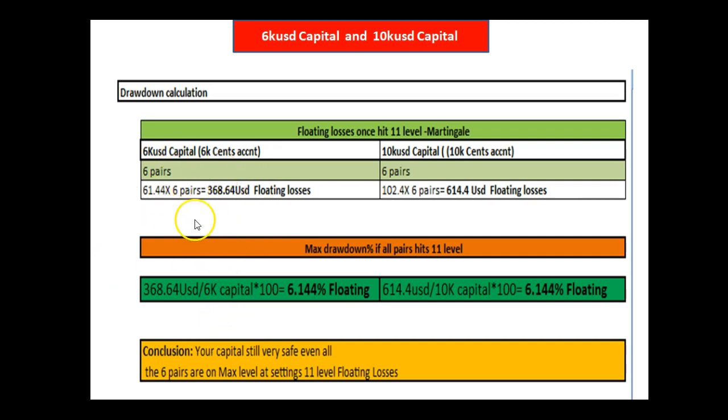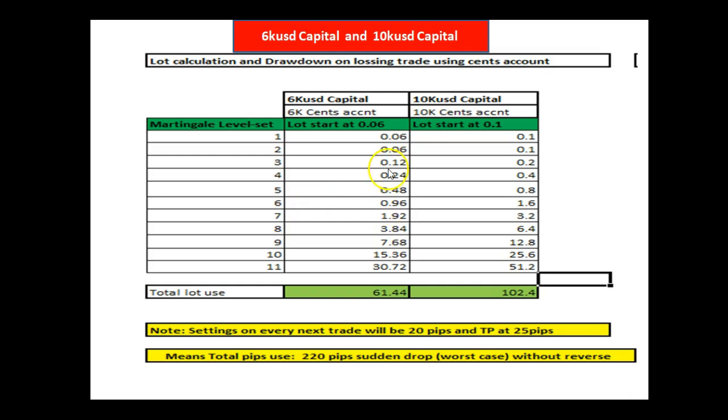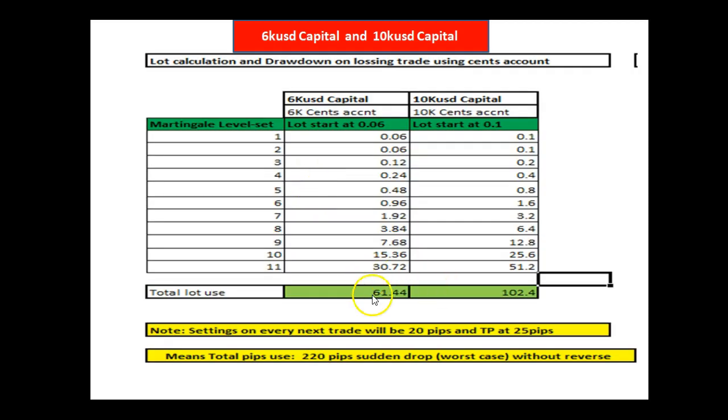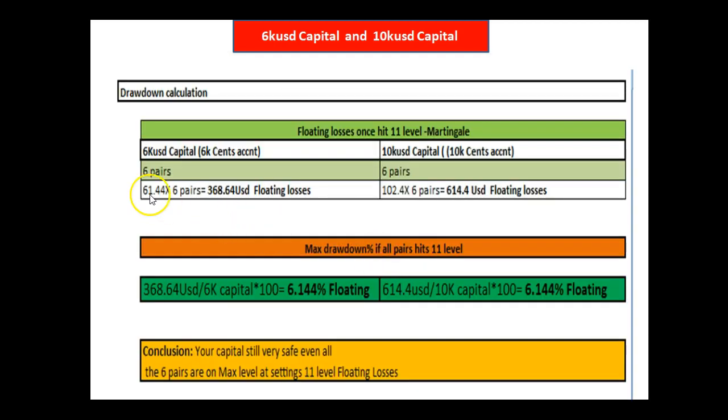Your pairs will still be 6 pairs, but we increased our starting lot, since you are pursuing 8 to 15% per month. If you multiply that by 6 pairs, the total is 61.44 lot size, which is equivalent to 368.64 US dollars floating losses.